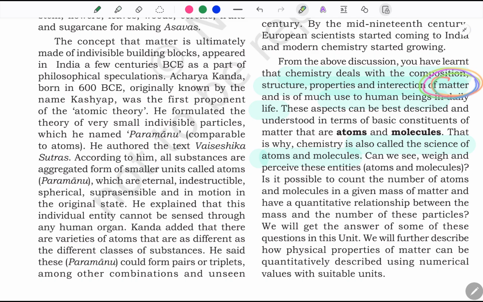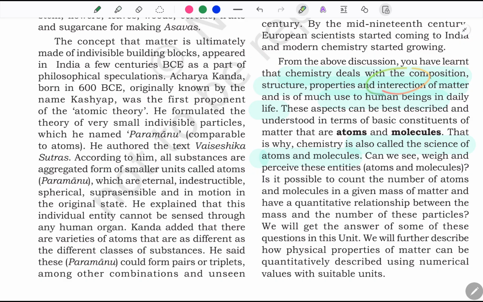So the most important point here is matter. Everything which is about matter: what is matter made up of, what is the structure of that, the constituents of that particular matter, what are the properties of that matter, and how does my matter interact.